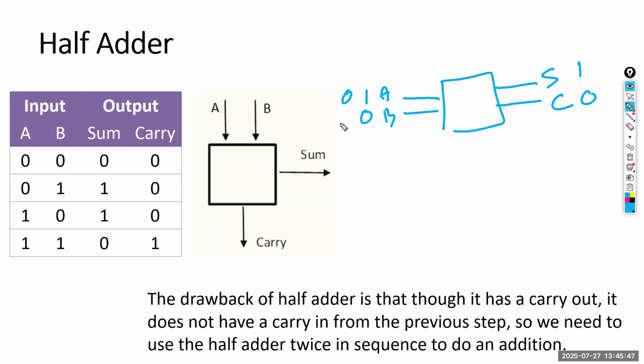If this is 0, 0, both are zeros. Say 0, 1, sum is 1, carry is 0. If both 1, now sum is 0, carry is 1. This is my requirement.